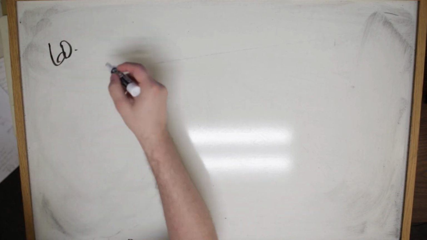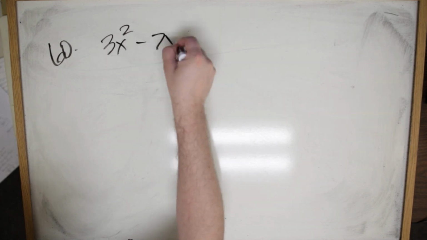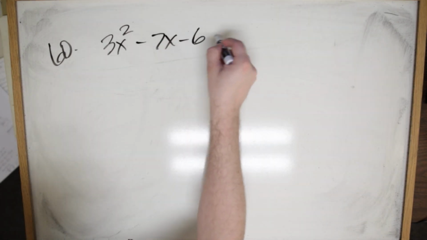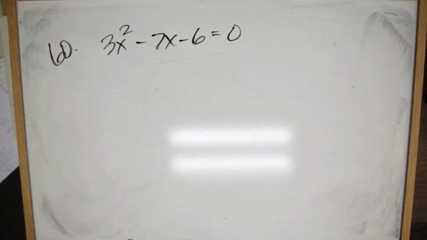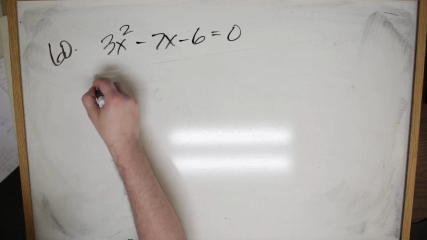Okay, let's take a look at the last question, question number 60. 3x squared minus 7x minus 6 is equal to 0. And because I have a leading coefficient, that means that I'm going to do the a times c method.